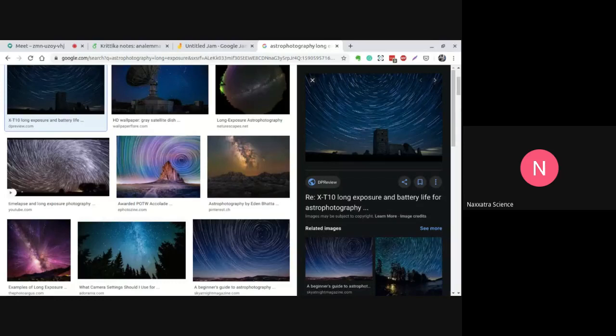These are long exposure images, which are basically taken over the period of several hours or throughout the night. So as the night passes, you're going to see the trajectory, the apparent movement, of these stars. So they look like circles to you. Why? Because a star continues to remain on a circle.